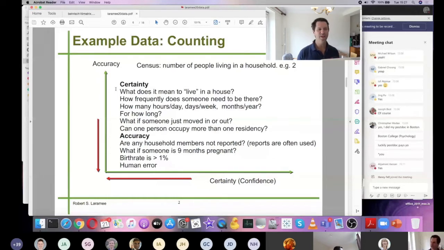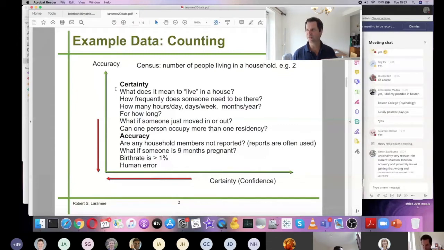Do we need to be there a certain number of hours per day? A certain number of days per week? A certain number of months per year? It's not difficult to see how relevant this is in today's economy, so to speak.